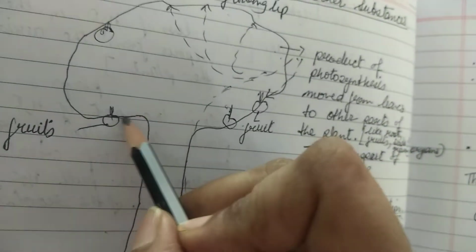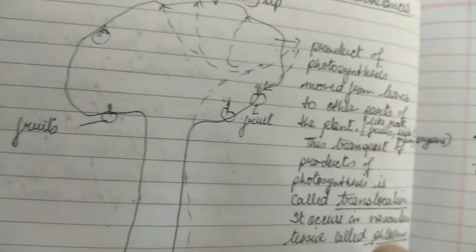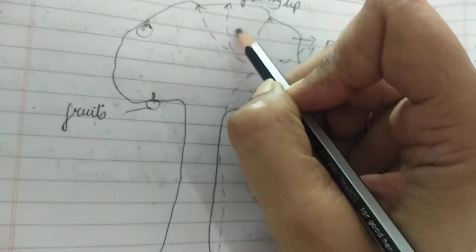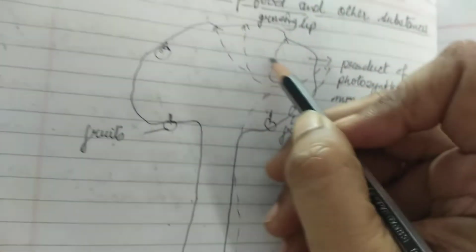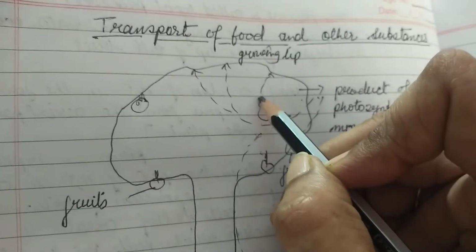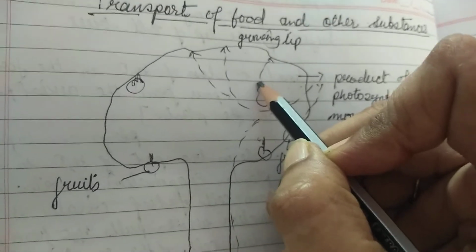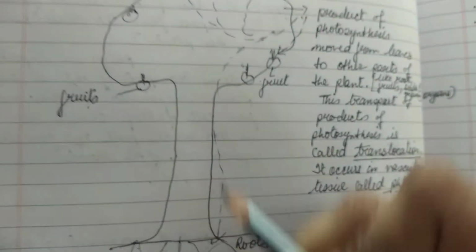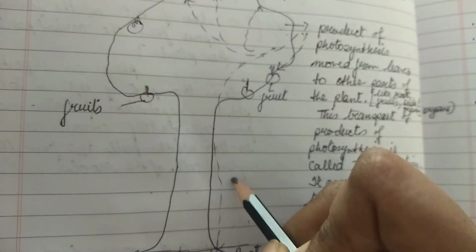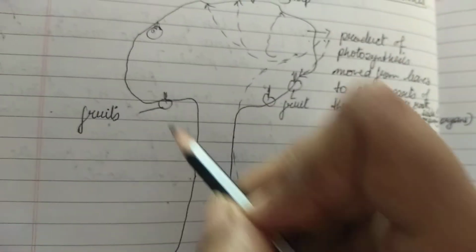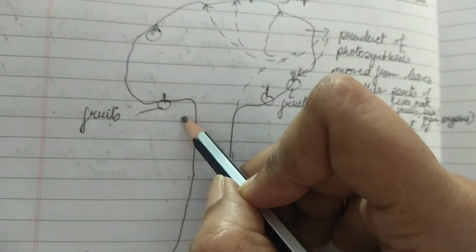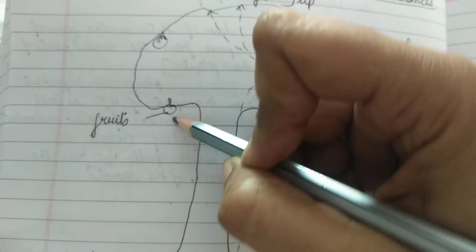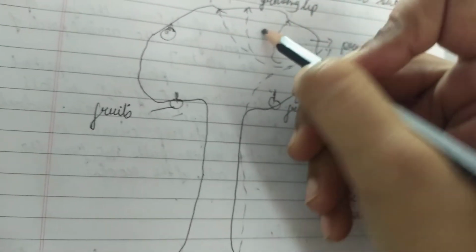So food which is stored in fruits, stored in roots or in stem, moves to these growing areas where the leaves start appearing. Clear? So at that time, these fruits, roots, stem are the source, right? And from these sources, the sugar or sucrose moves to the leaves part.